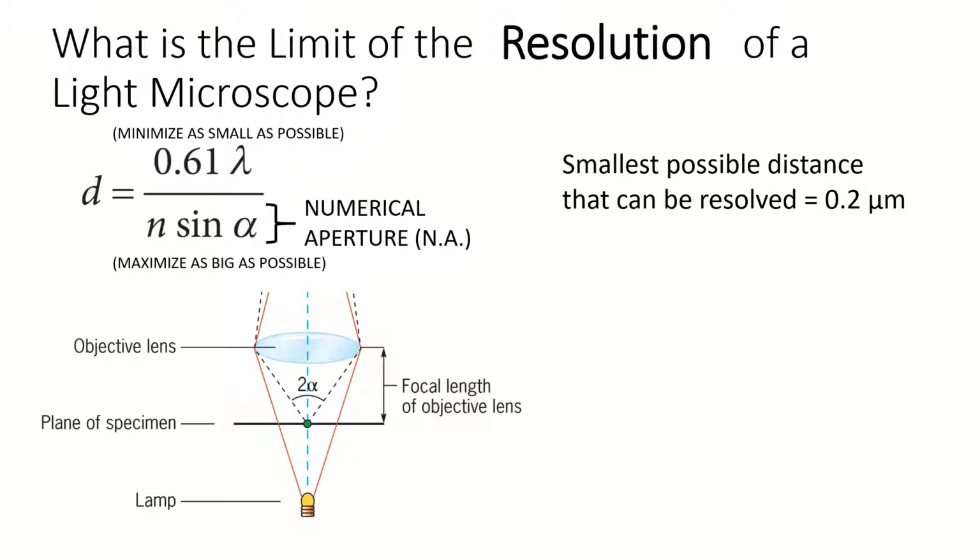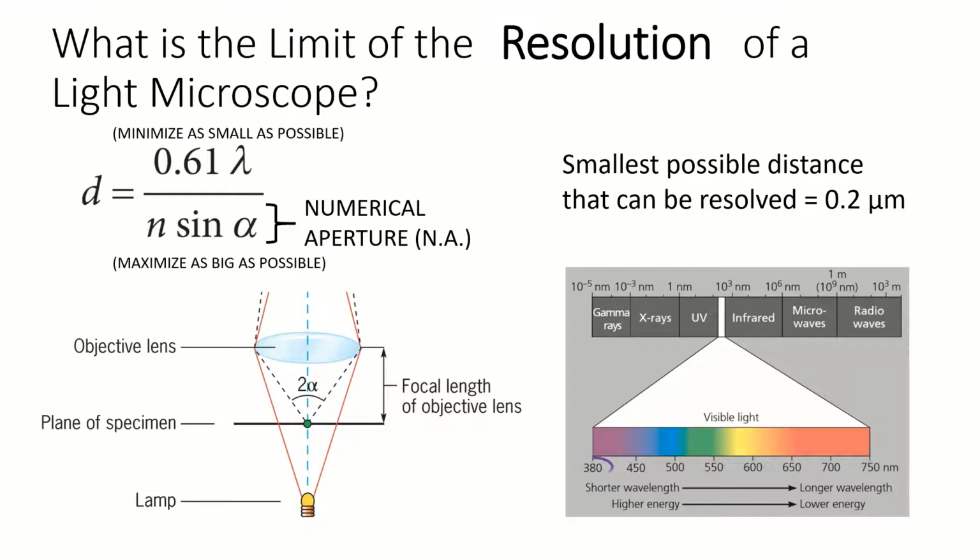Take note that lambda is the wavelength of light, and 0.61 is a constant, so we cannot do anything about the constant. But which light color has the smallest wavelength? The answer is violet.